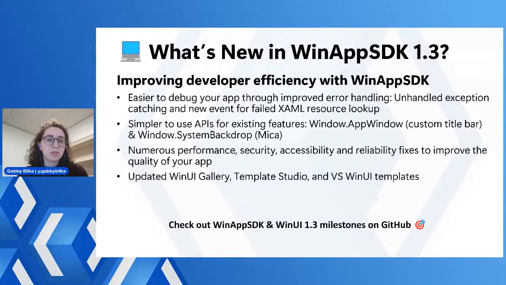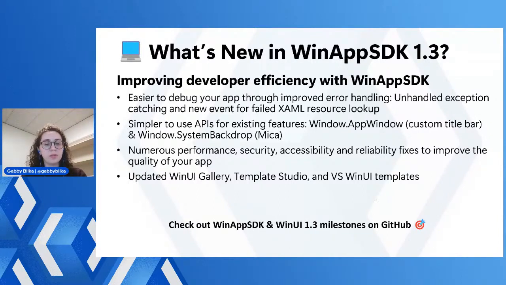So as mentioned previously, what's new in 1.3? The focus of this was to improve dev efficiency. So there's a lot of behind the scenes updates, including making it easier to debug your app through improved error handling. So improvements to unhandled exception catching and a new event for failed XAML resource lookup. Simpler to use APIs for some existing features like Window.AppWindow and Window.SystemBackdrop.